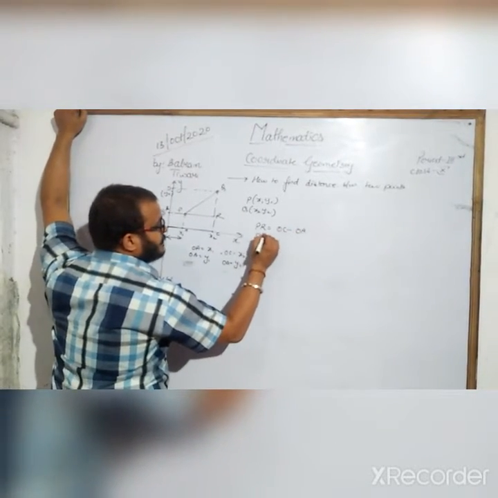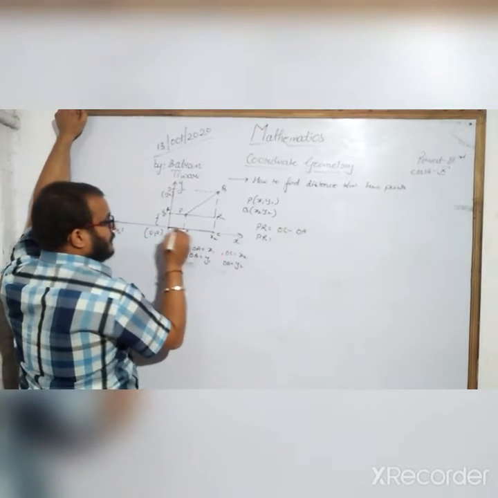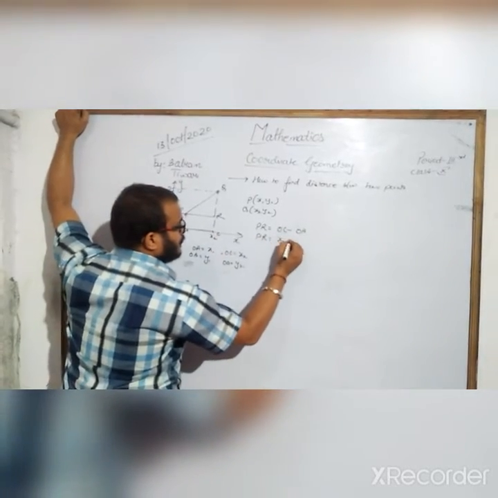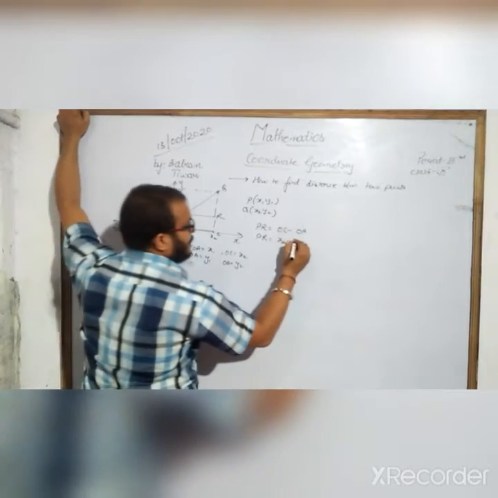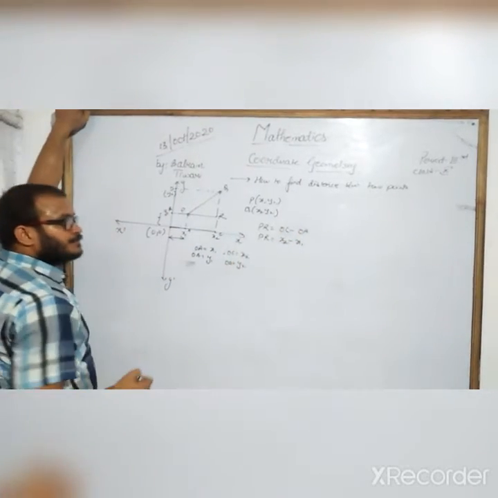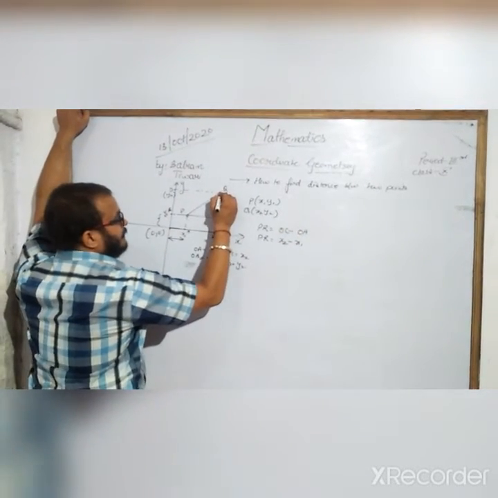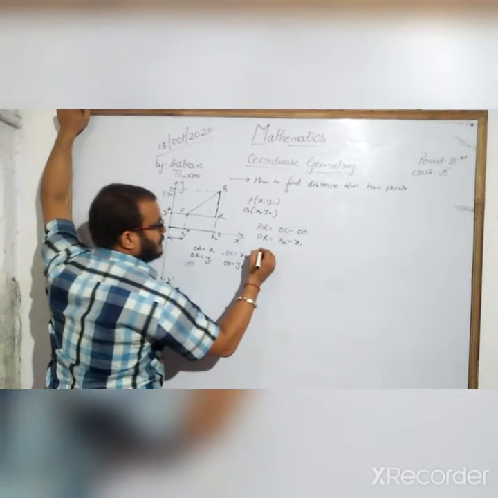So what does the PR distance become? OC is x2, and OA is x1, so PR is x2 minus x1.